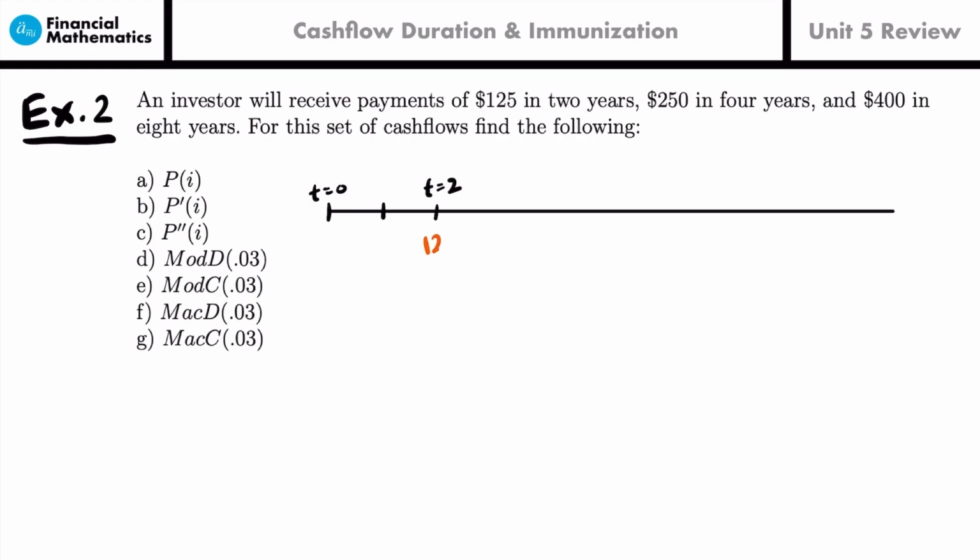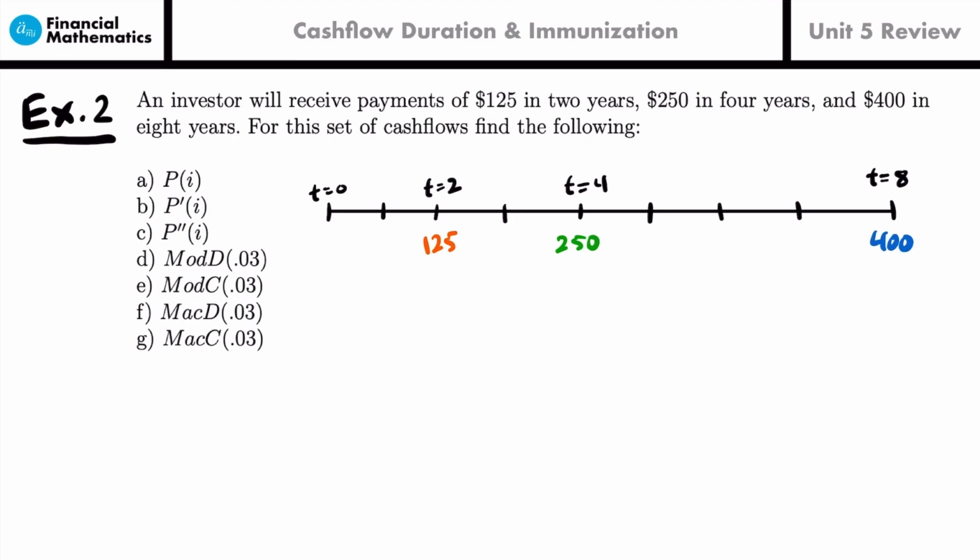We have $125, and then $250 in 4 years. So this will be time equals 3, and then time equals 4. We have a payment of $250, and then $400 in 8 years. All right, so this is time 5, 6, 7, and 8. This will be time equals 8, where we have a payment of $400.